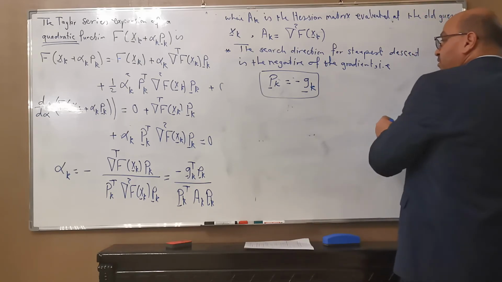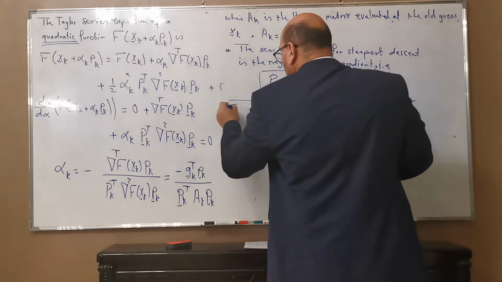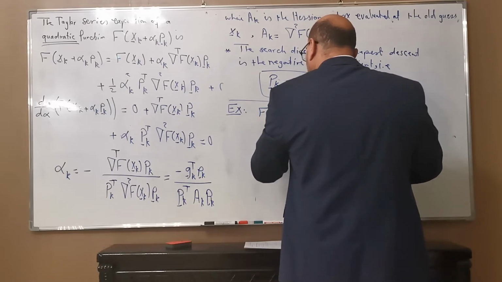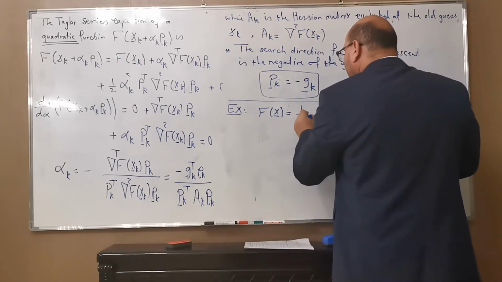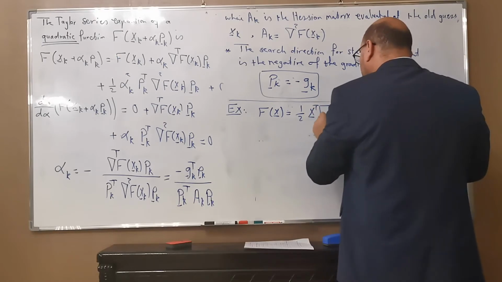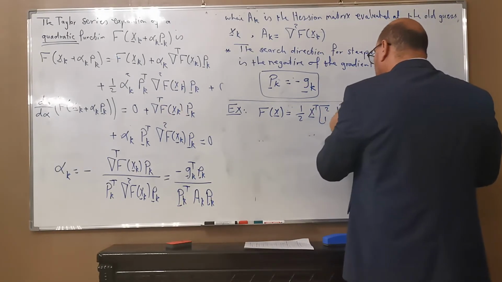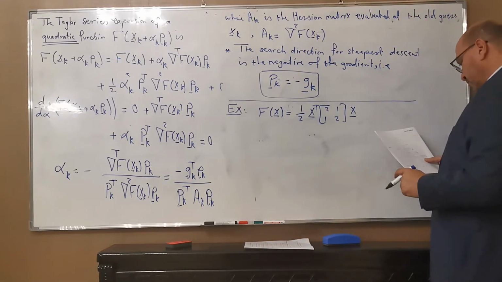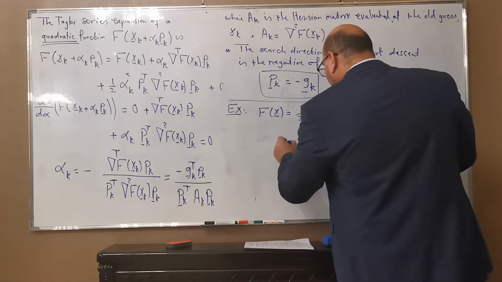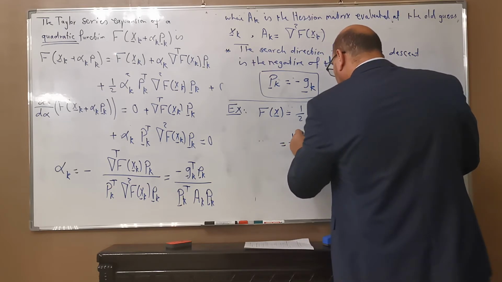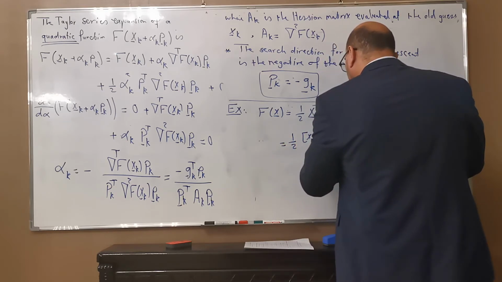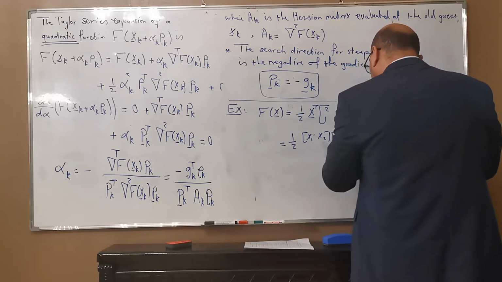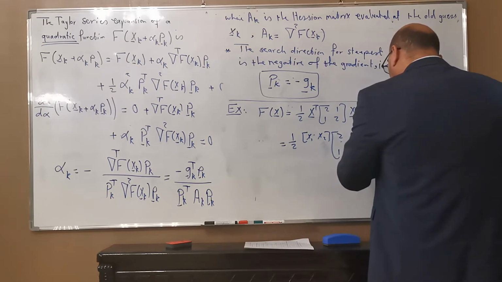Let's try to do this through an example. We have f of x equals 1/2 x transpose times the matrix 2, 1, 1, 2 times x. This is a second order quadratic equation. If you expand it, it's 1/2 times x1, x2 times 2, 1, 1, 2 times x1 and x2.